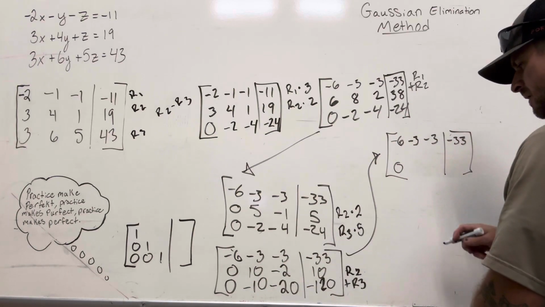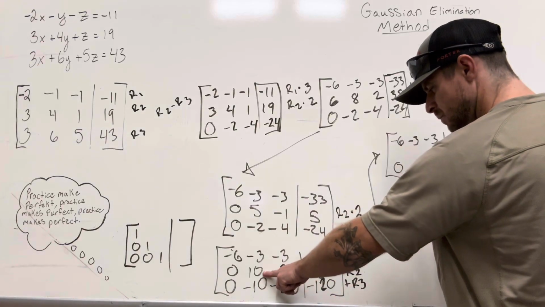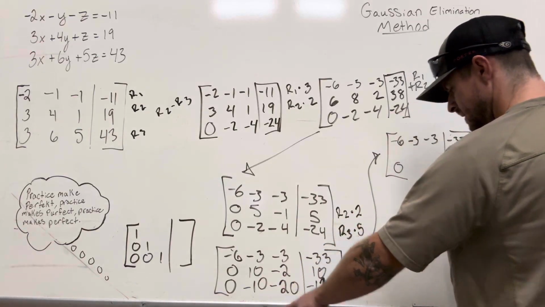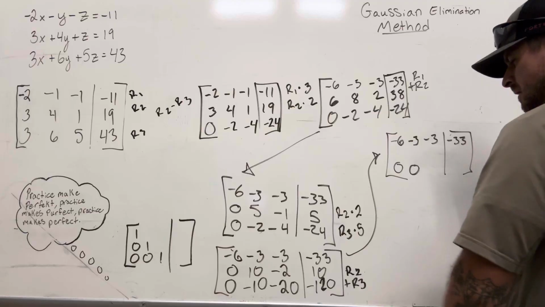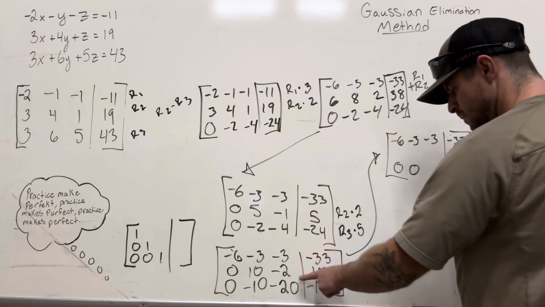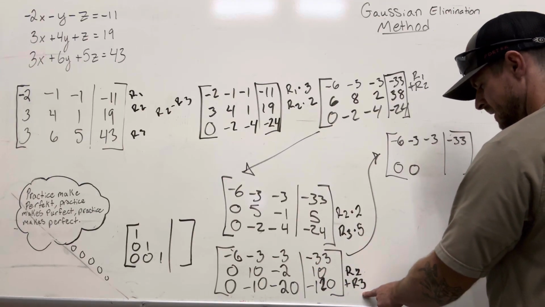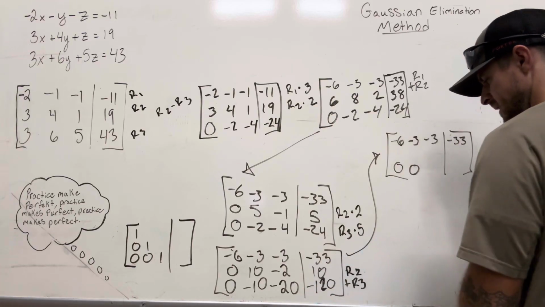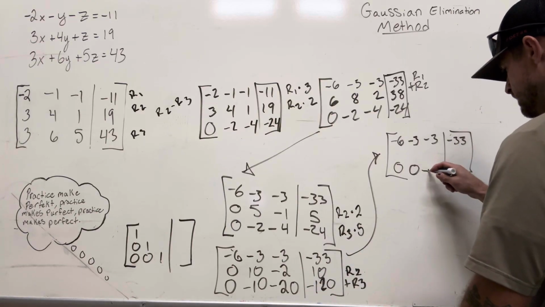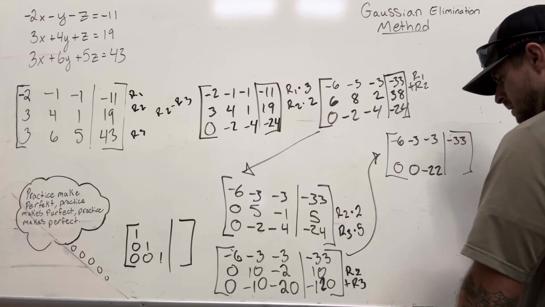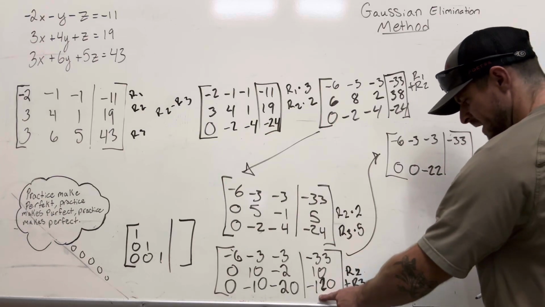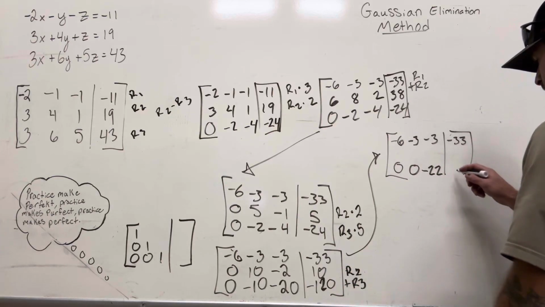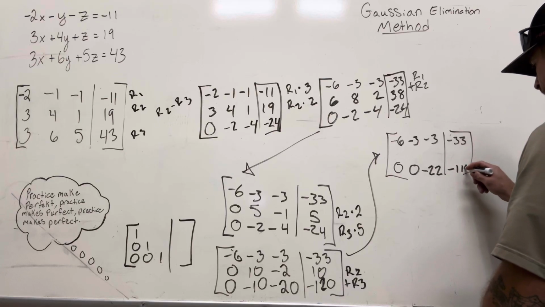We're gonna have 10 plus -10 is 0. -2 plus -3. So -2 plus -3 is -22. 10 minus 120 is going to be -110.